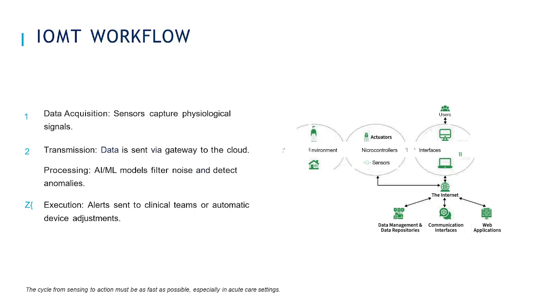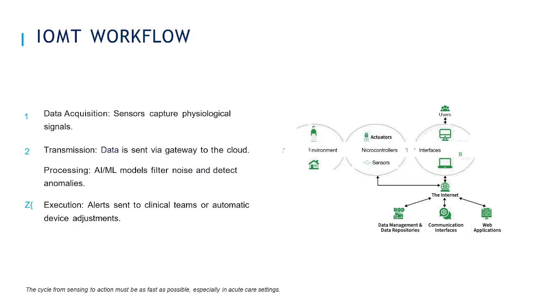IoMT workflow. You can see in this diagram how the environment, actuators, and interfaces are connected to each other. Basically, the workflow of an IoMT, Internet of Medical Things, system follows a continuous cycle that begins with data acquisition.